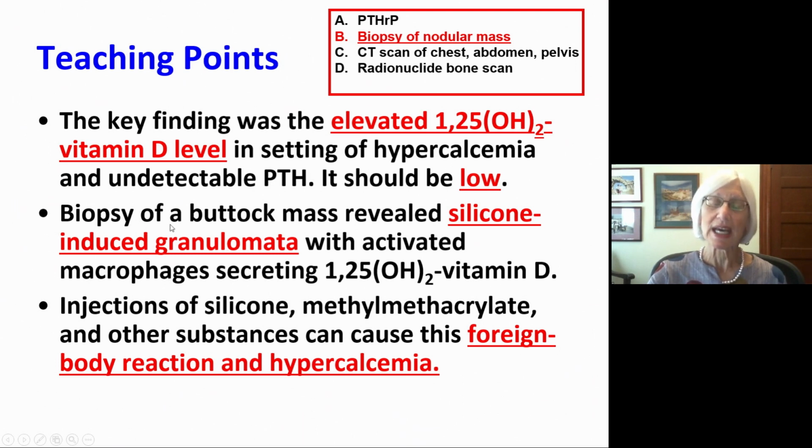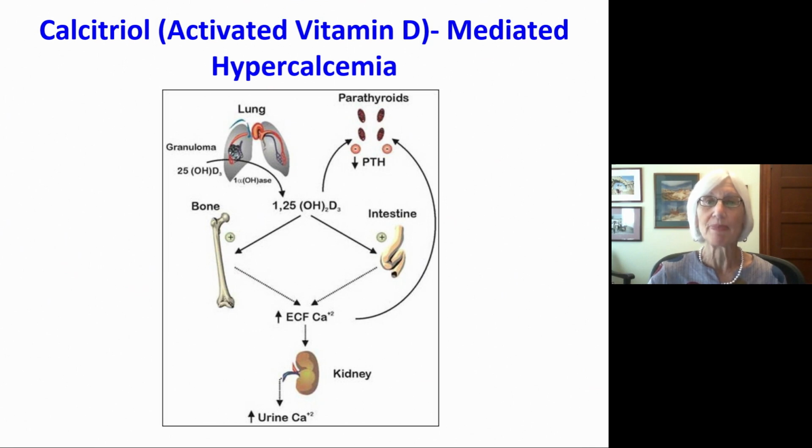So what causes that, we'll go through, but the biopsy of one of her masses that you felt on exam revealed silicone-induced granulomata with activated macrophages secreting 1,25 D, and this is a case of a foreign body reaction and hypercalcemia.